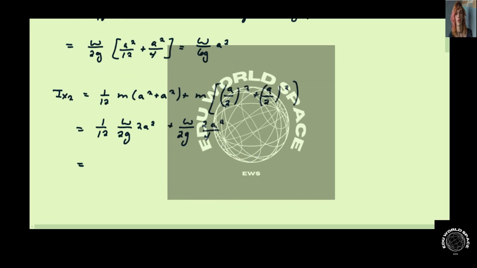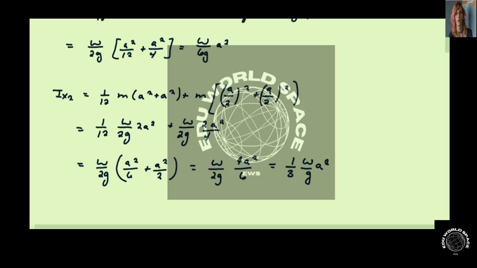And now we have W/2g times (a squared over 6 plus a squared over 2), and we get W/2g times 4a squared over 6, and we have 2/3 of that. So we end up with 1/3, 1/3 W/g a squared, and you can just actually just do 3 a squared. There we go.